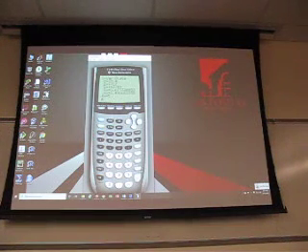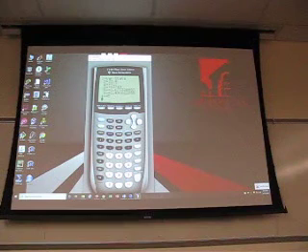Yes? On the test, are we going to know whether or not the data set that we're given is a part of the population or a sample? You should be able to figure it out. If I say the sample was taken and these are the values, then that's from a sample. You can always ask me and say, is this from the whole population?